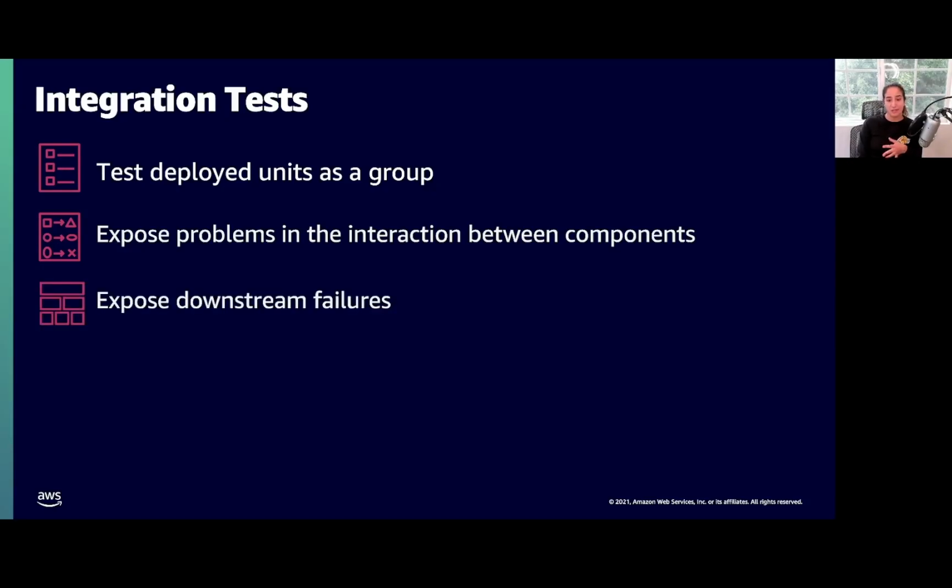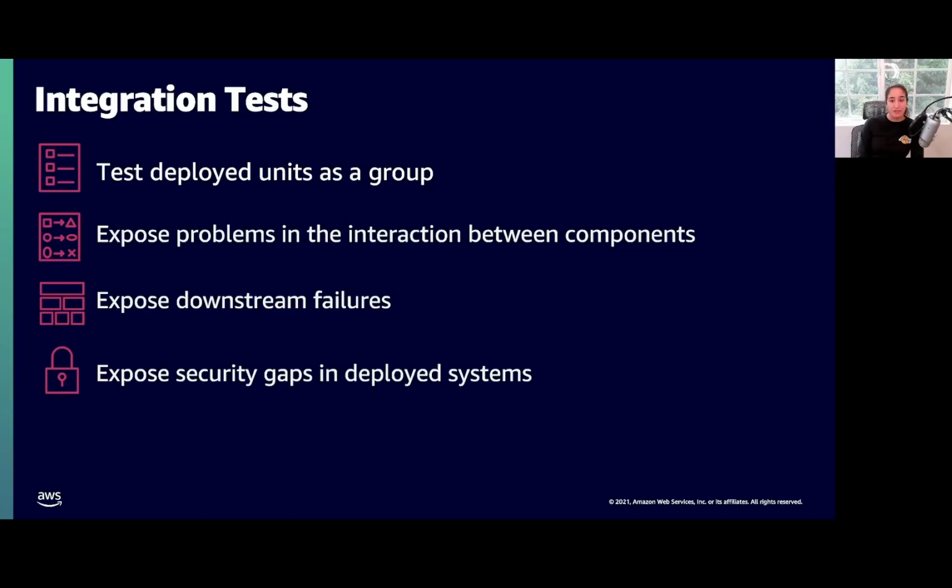These tests can also expose downstream failures in a way that unit testing can't. The changes you're making could have a wider scope than just the functional requirements in your environment. Integration testing can also be used to expose gaps in security, and verifying your changes after they've been deployed can help verify those changes.